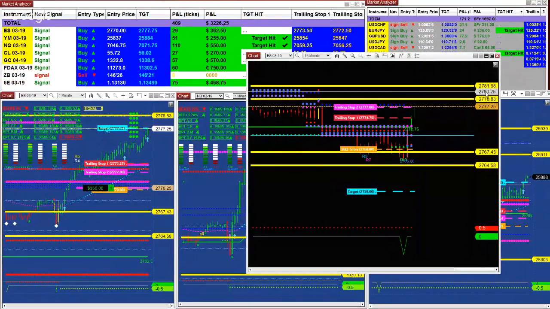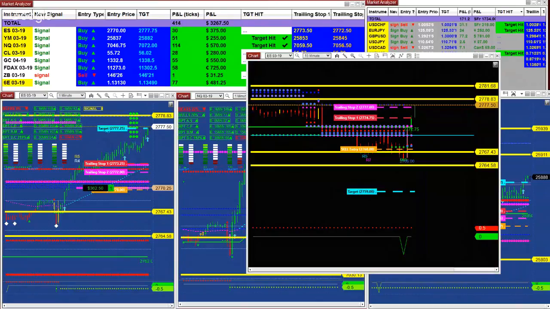Anything above this level, profit taking. There we go. We hit the 77.25 as expected. So there is nothing left in that trade.